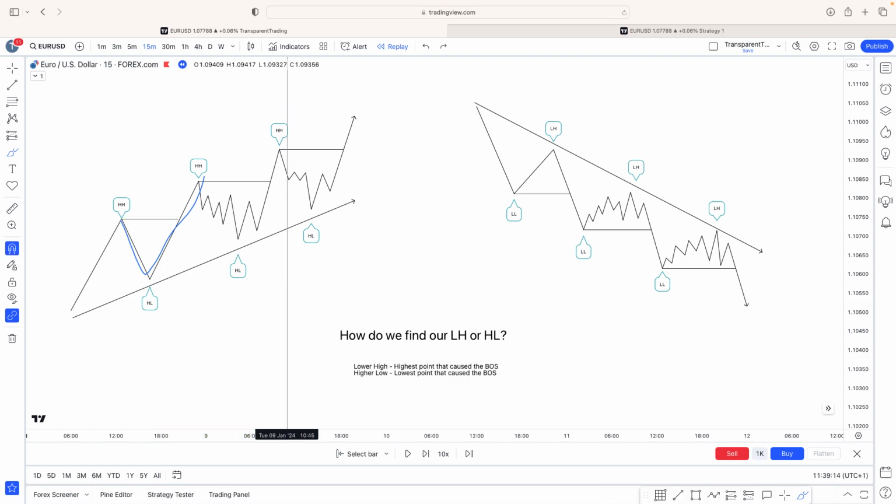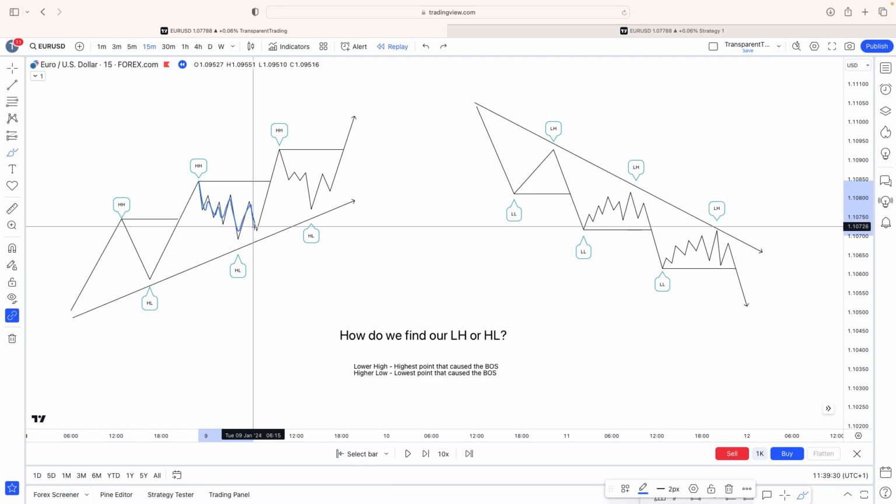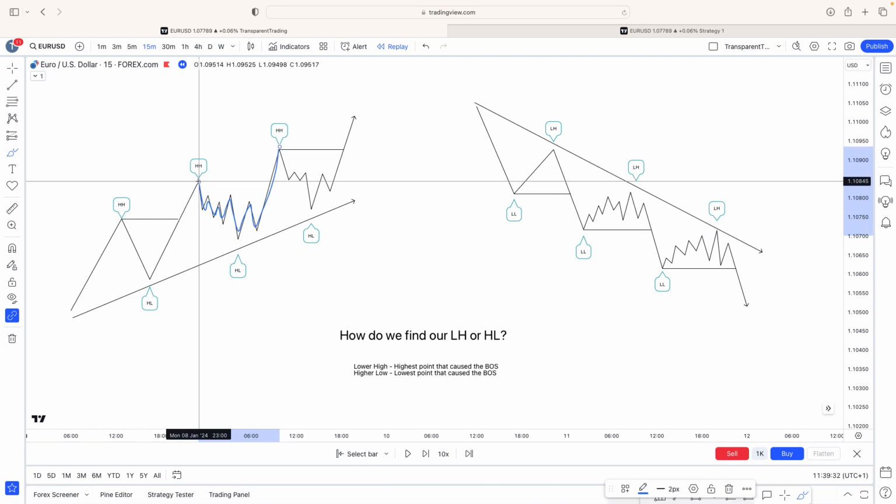So what happens? Price then starts pulling back on this time frame, okay? So this is more like the type of structure that you're likely to see on the charts, where price comes down a bit, goes up a bit, comes down a bit, etc. And then eventually it pushes up and breaks structure to the upside here.